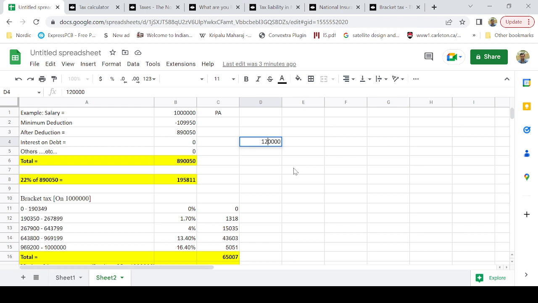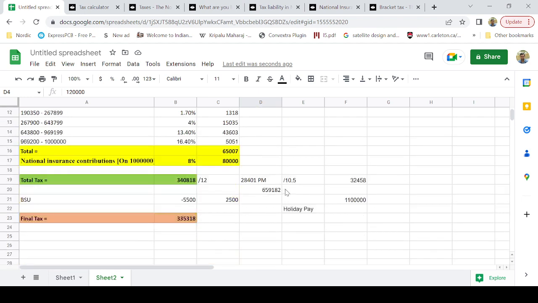Let's calculate how much it will be. 12% of 1 million is this much. So next year you will get this amount in the month of June. You will not get the regular June salary, but you will get this amount, 1,20,000.